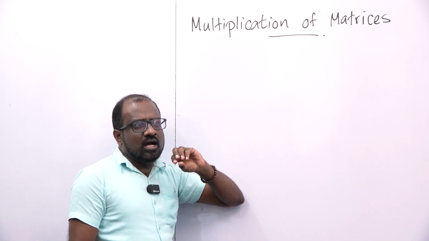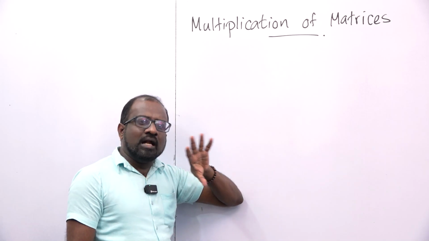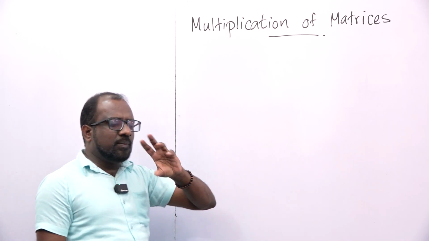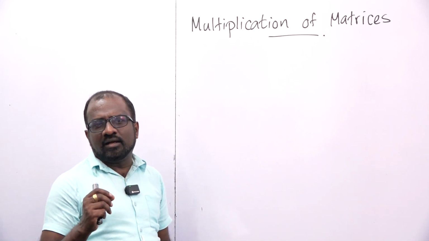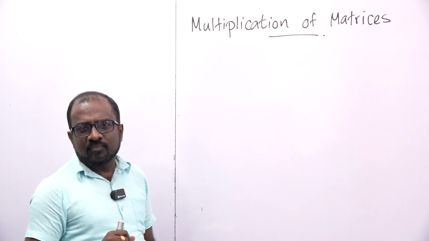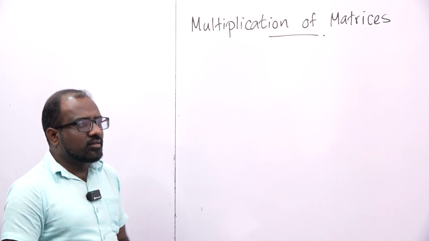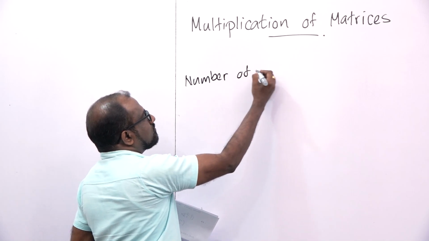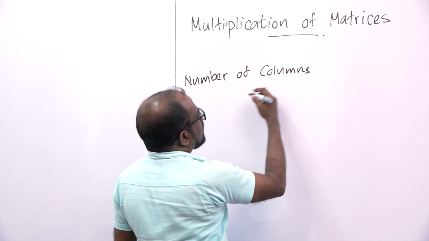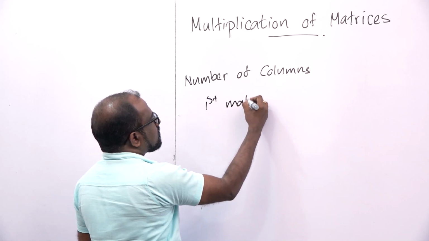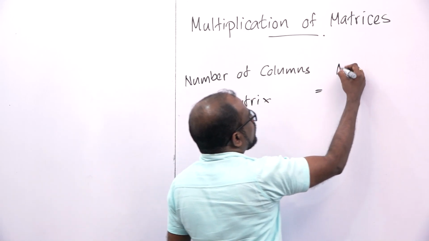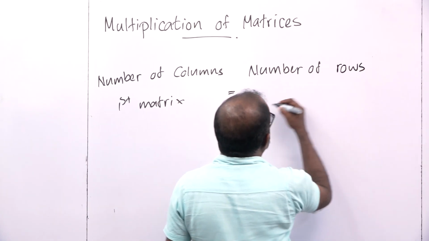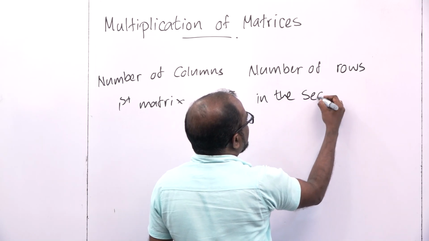When you multiply a matrix by a certain number, you can multiply any matrix by any number. But when you multiply two matrices, you can't multiply like that. There's a condition for that. The condition is that the number of columns in the first matrix should be equal to the number of rows in the second matrix.